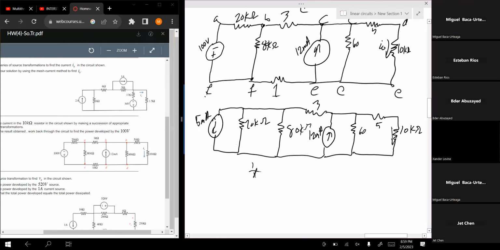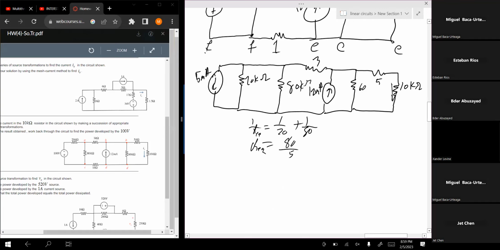1 over R equivalent is equal to 1 over 20 plus 1 over 80. So that's going to be 4 over 80. That's going to be 80 over 5 is equal to R equivalent. So 80 divided by 5, that's going to be 16 kilo ohms.